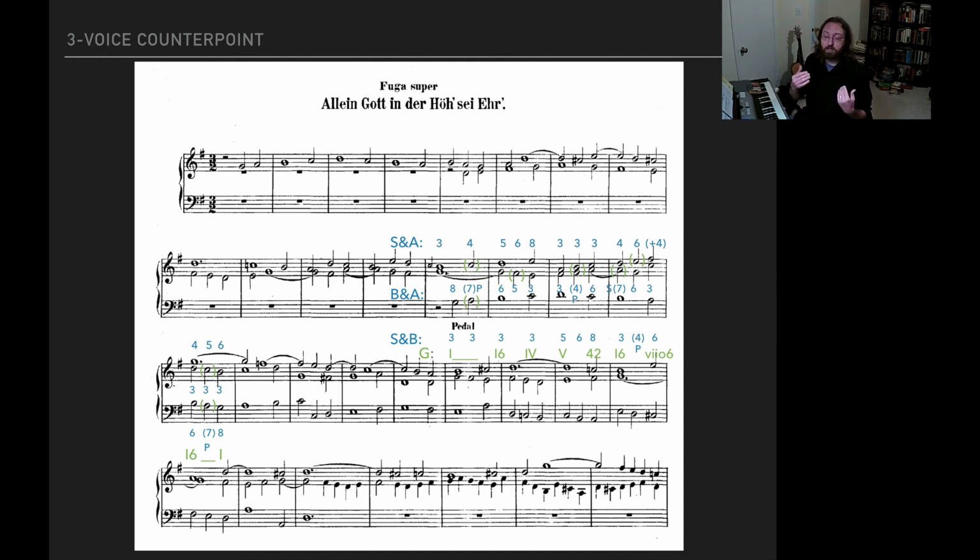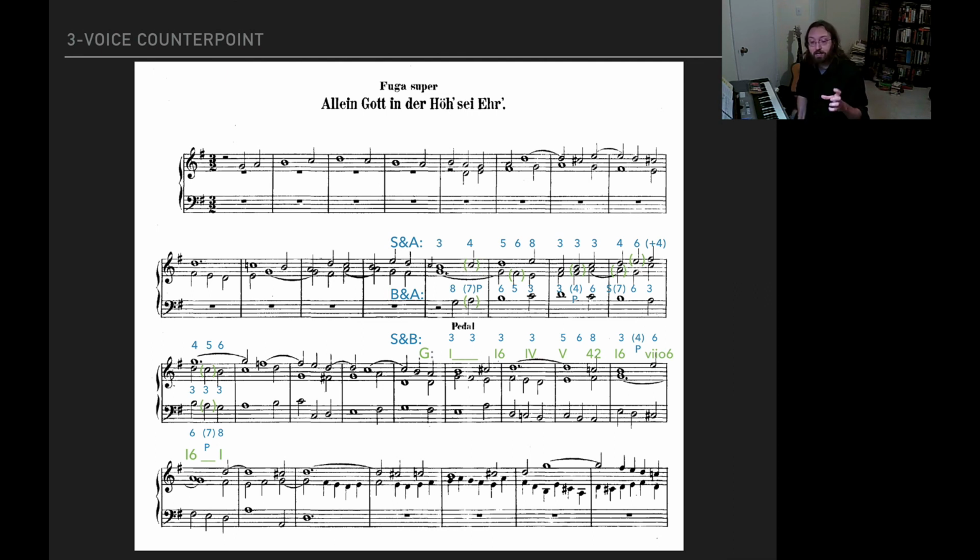Frequently, we would see that non-chord tones, if they occurred simultaneously, would be consonant with each other, but dissonant with the chord. And we see this at play here, that sometimes we will have voices that are consonant with each other, but dissonant with the overall chordal background. And that's one of the nice interplays of tension and release that we can have in three-voice counterpoint.